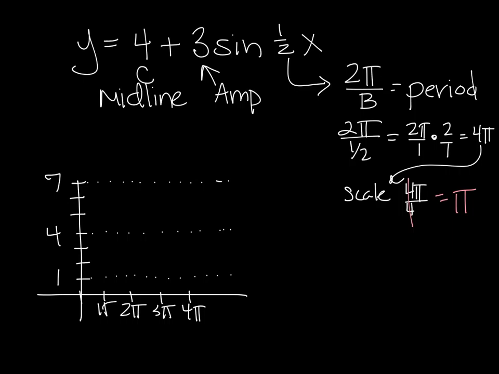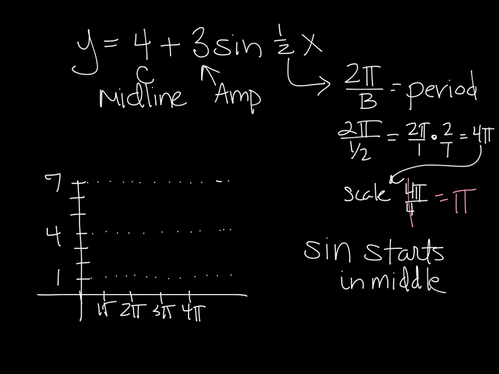And then we look back at our type of function. It's sine, and sine starts in the middle. It's the one that makes middle, top, middle, bottom, middle for its shape. So our middle is 4.